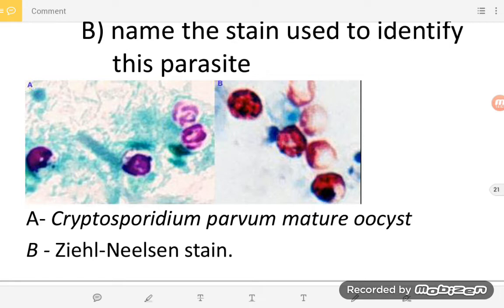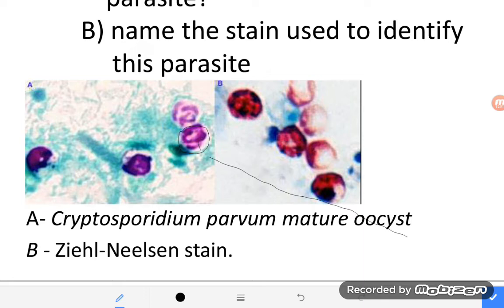Remember the spelling of Ziehl-Neelsen, and if you do not write it correctly you will lose your marks. This is the oocyst, and inside the oocyst you can see the sporozoites, 4 sporozoites present.